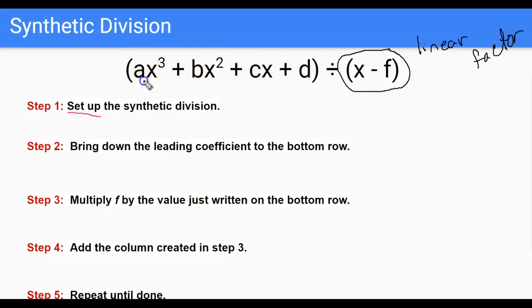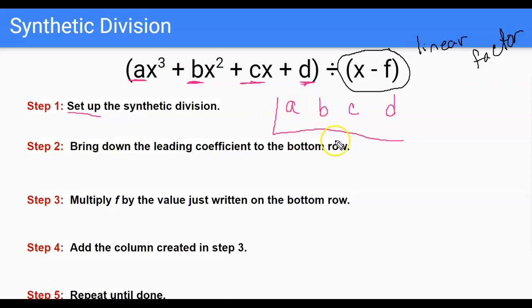All we're actually interested in are the coefficients, because the coefficients are the only thing that we actually do any arithmetic with. And so when we're doing synthetic division, we're just going to take the coefficients only. And we're not going to put the x's there.